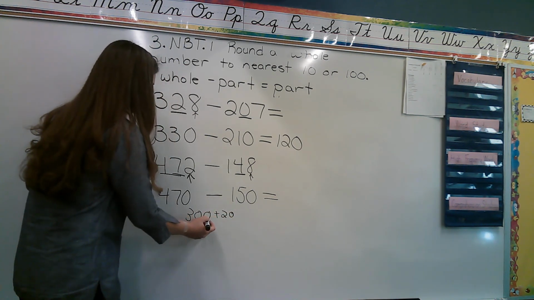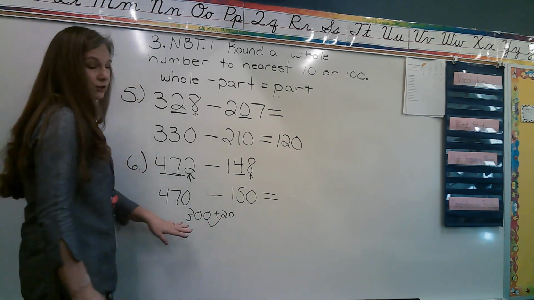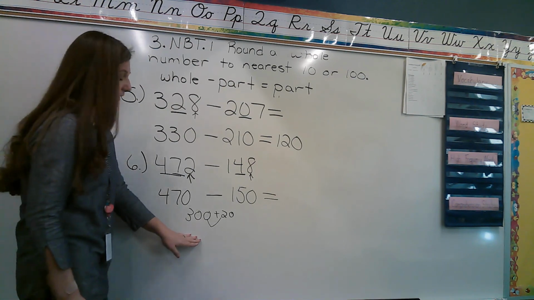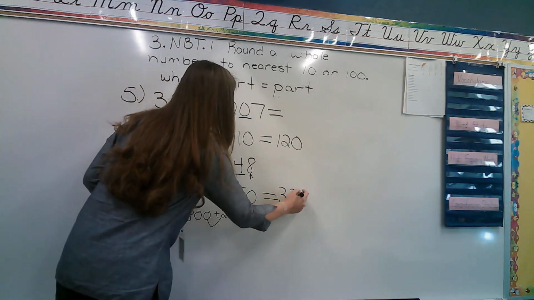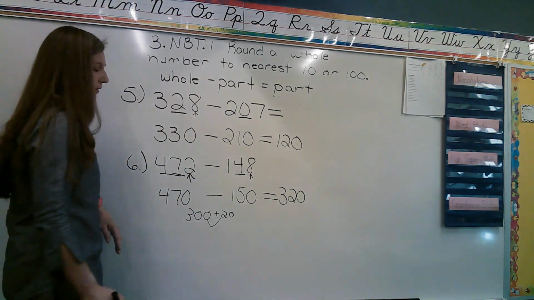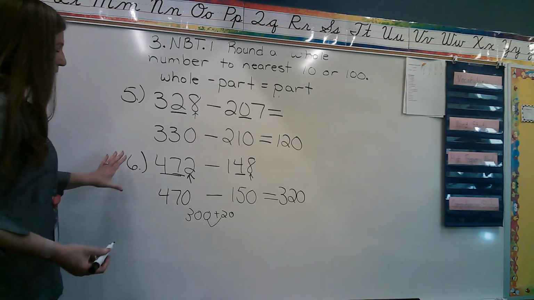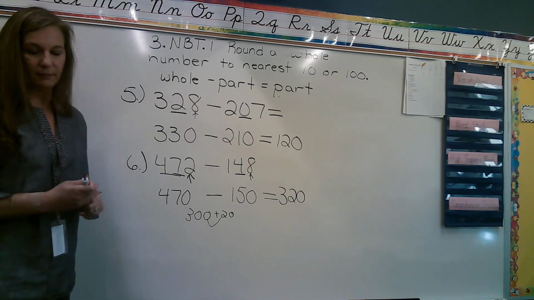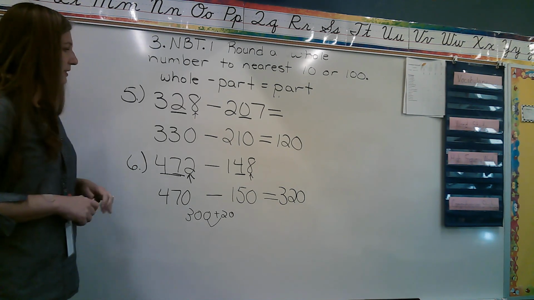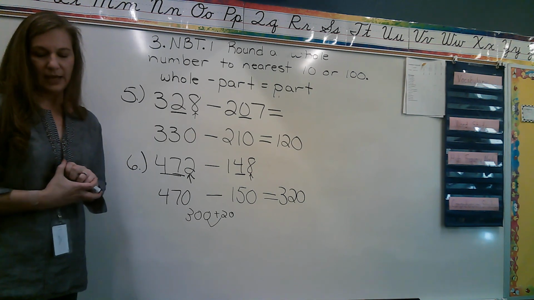And when I put those two partial differences together, I'm sure you heard that last year in second grade, they put back together as a standard number of 320. So this is just estimating our differences. Remember, I'm not looking at exact differences yet. We are going to get to that skill a little later on and work towards that.